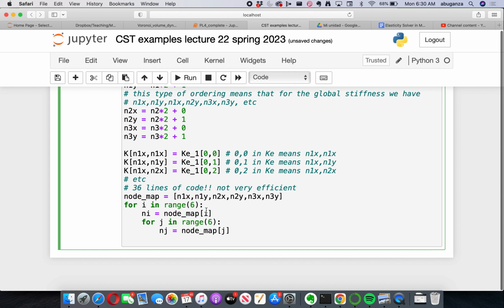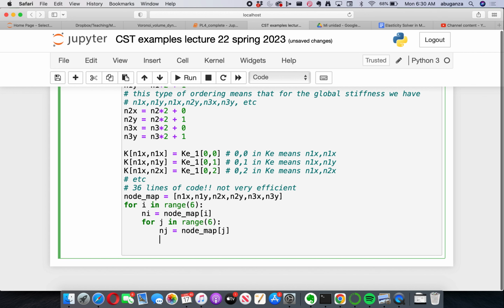So now I and j are gonna be 0, 0, 0, 1, 0, 2, and then ni and nj are the corresponding n1x or n1y and so on. So now I can do k of ni and nj plus equal ke1 of ij. So this saved me the 36 lines of code.